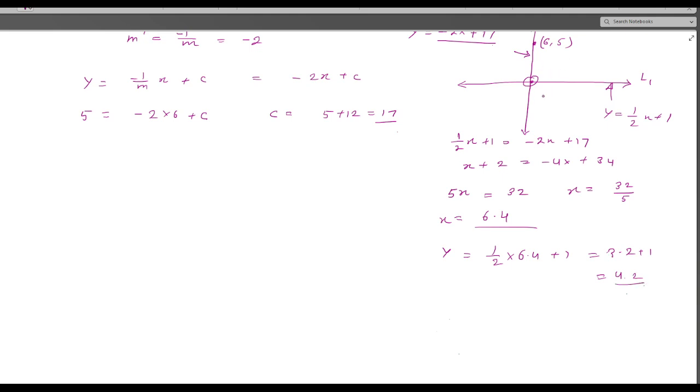So this point of intersection is (6.4, 4.2).